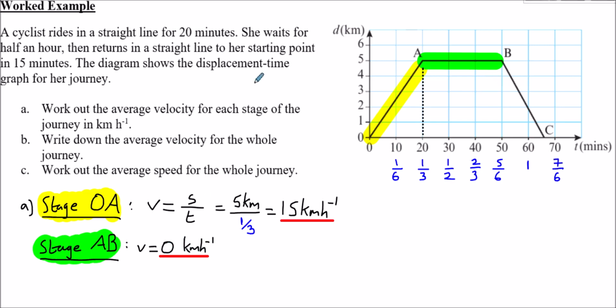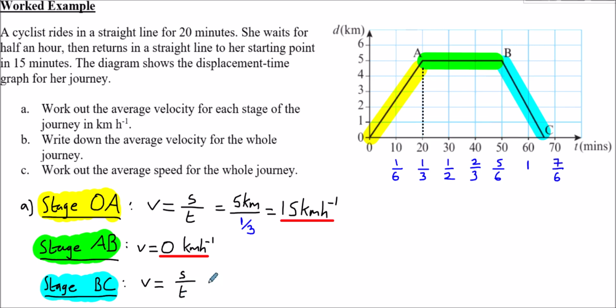Final stage, we're going to go back to where she started. The final stage is from B down to C. So stage BC. We've got here that the velocity is the change in displacement divided by time.